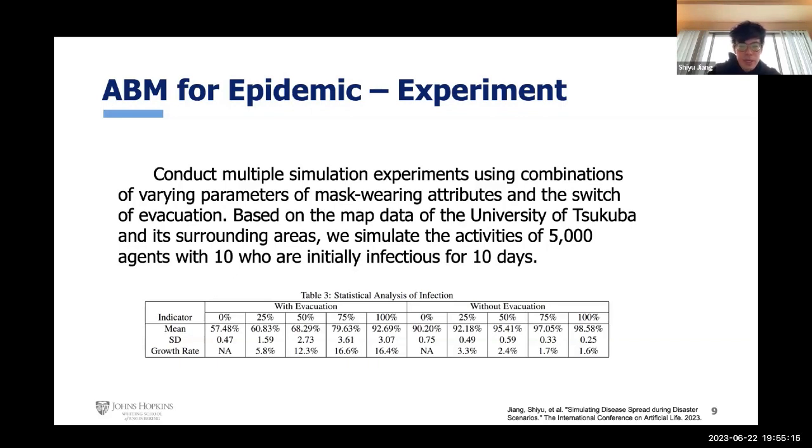And this table is the final result. We simulate every scenario 10 times with different random seeds, and we try to see whether this simulator is stable. I think it's actually not bad.